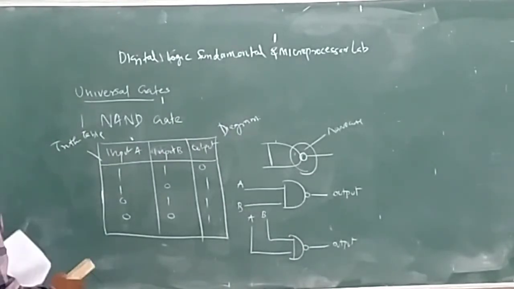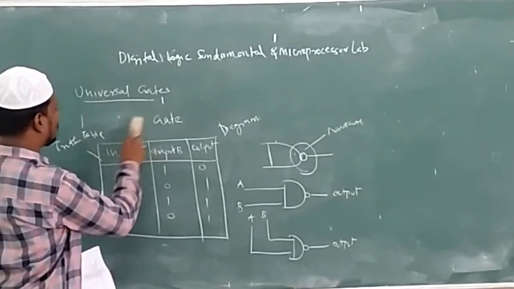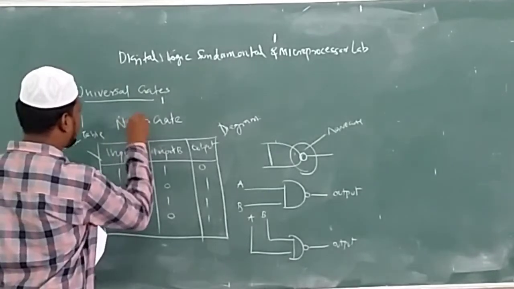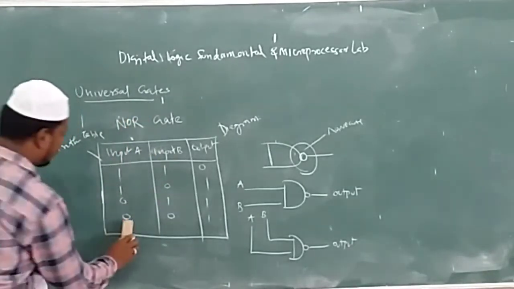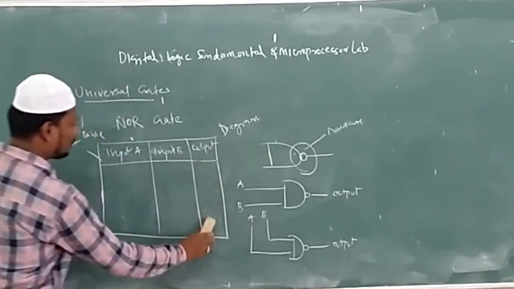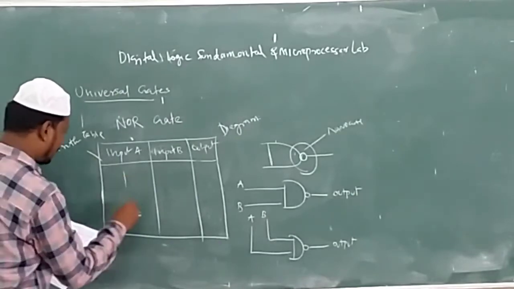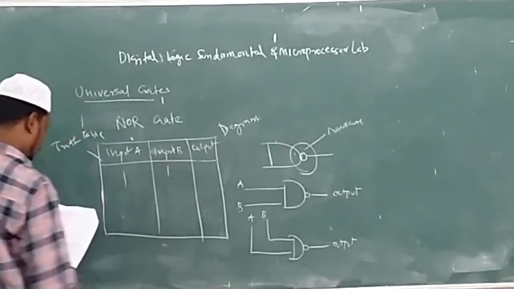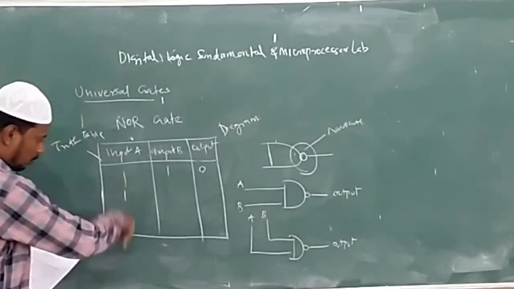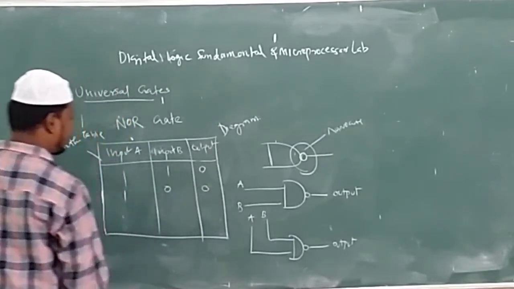Next, we will go to the NOR gate. I will erase the place. NOR gate, again the input values will change. When the input value is 1 and the other input is 1, the output is 0. Next, 1 and 0, the output will display 0.